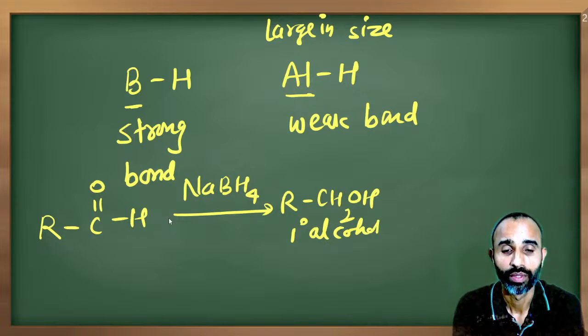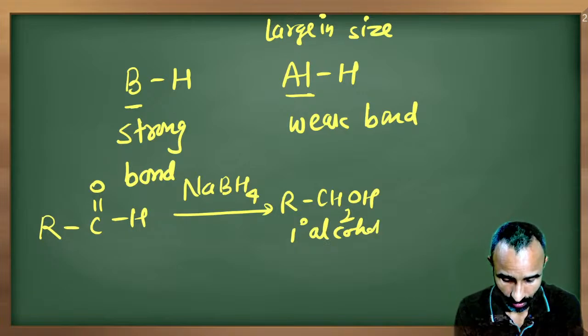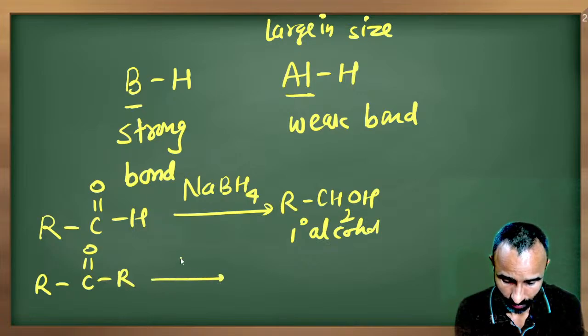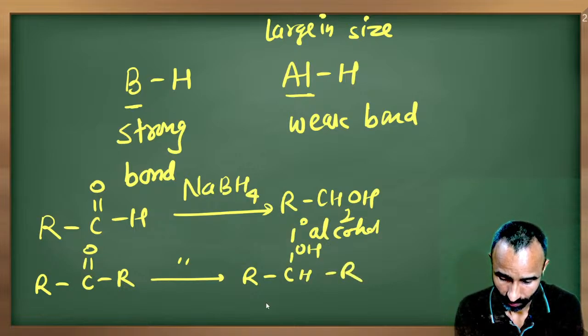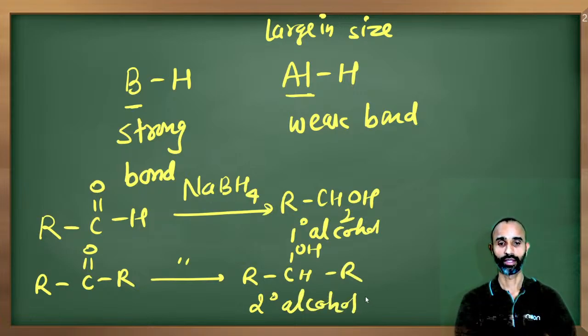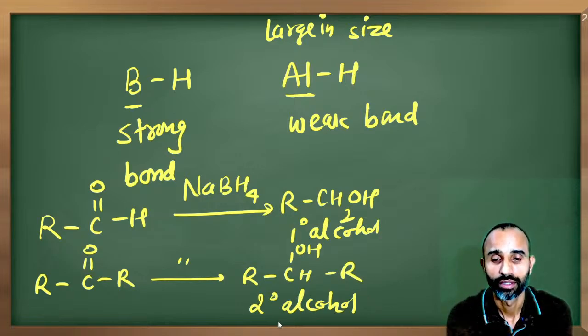Okay, so in this case we get primary alcohol, and if we have ketone, we get secondary alcohol. Aldehyde gives primary alcohol, ketones give secondary alcohol.